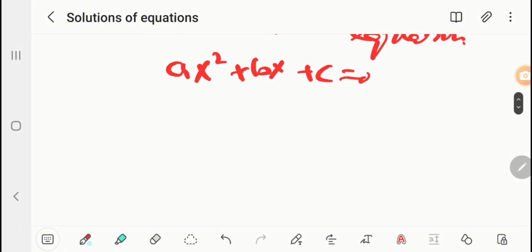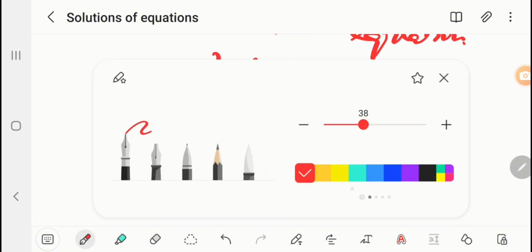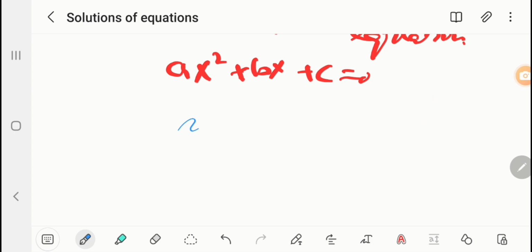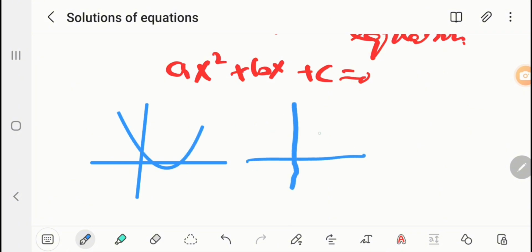Our graph may cut the x-axis either at two places or just at one place. It will be like this. Or it will not cut at any point.